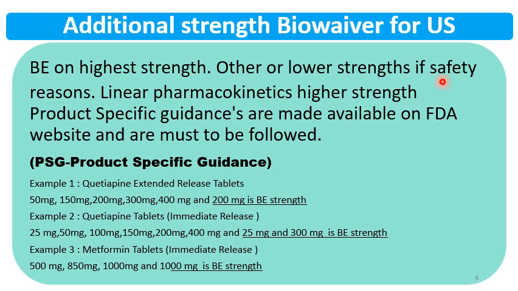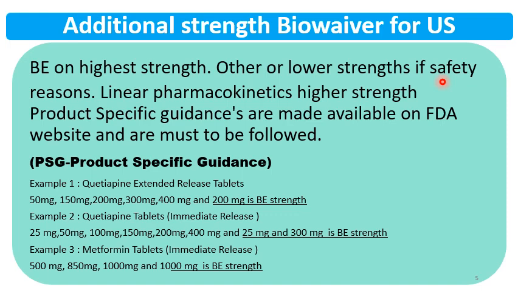Second is quetiapine tablet immediate release. Strengths are 25 mg, 50 mg, 100 mg, 150 mg, 200 mg and 400 mg. Here the BE strengths are 25 mg and 300 mg.